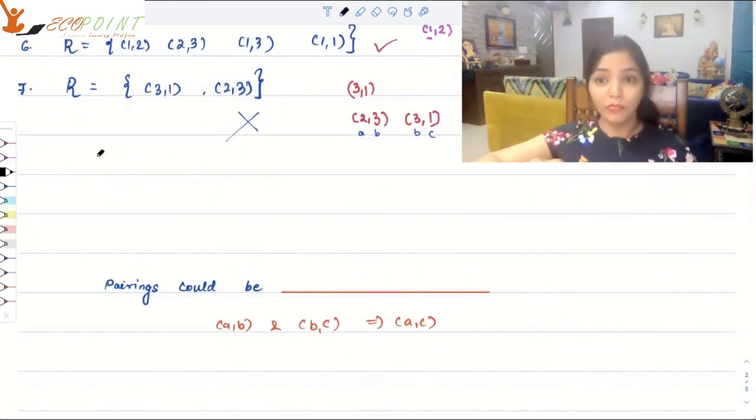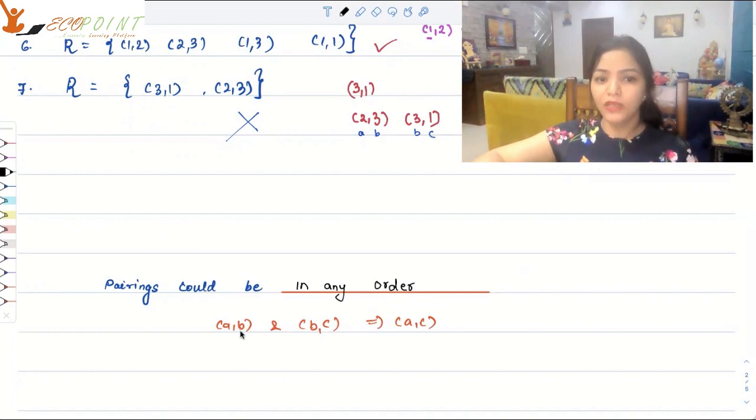There is one very important thing which you must take away from this example that we've done. The pairings could be in any order. Since it's written 3, 1 first and then 2, 3, but I can take the pairing as 2, 3 and then 3, 1. So pairings could be in any order.